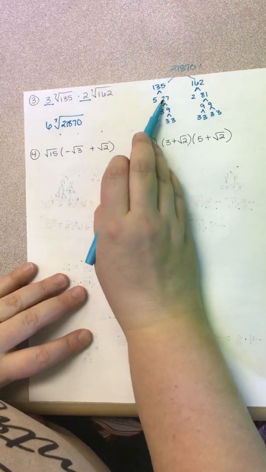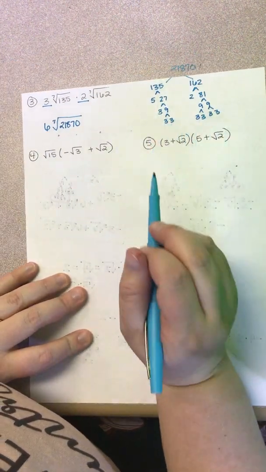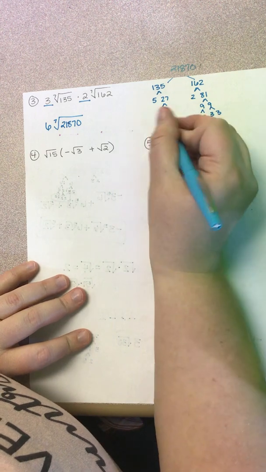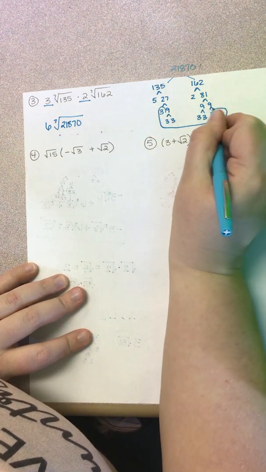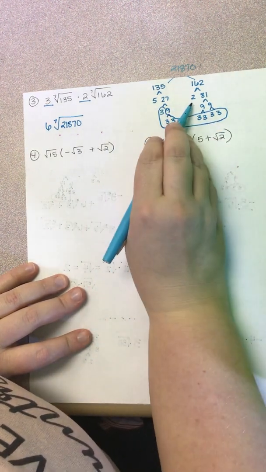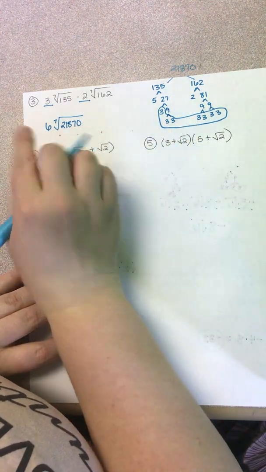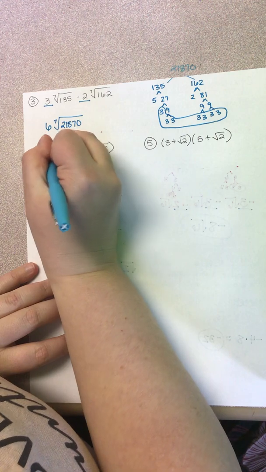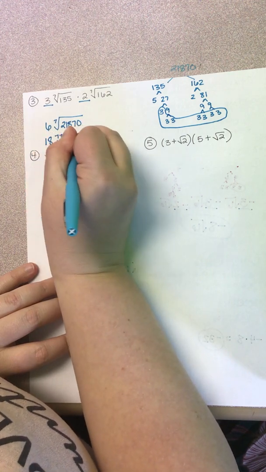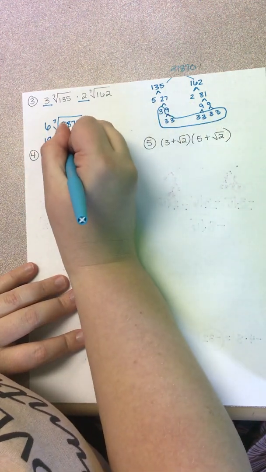So now I can look at all of their factors to see if I have 7. And I do. I have 7 3s. And then I have a 2 and a 5 left over. So I'm going to pull out one of those 3s and multiply it to the 6. And then the 7th root of 5 times 2 is 10.